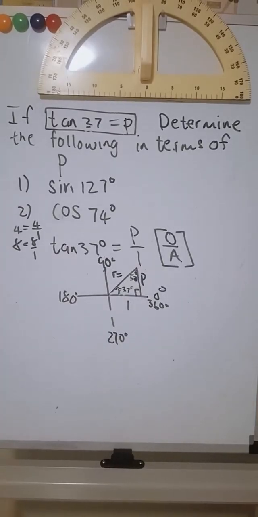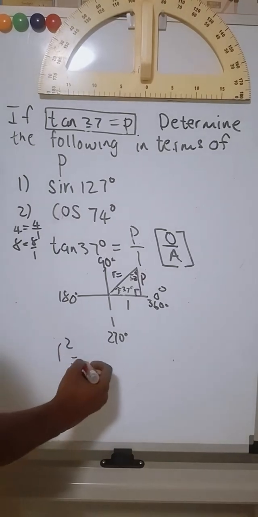I'm missing the hypotenuse value. What do we use to find the R? Pythagoras, thank you. Very good.